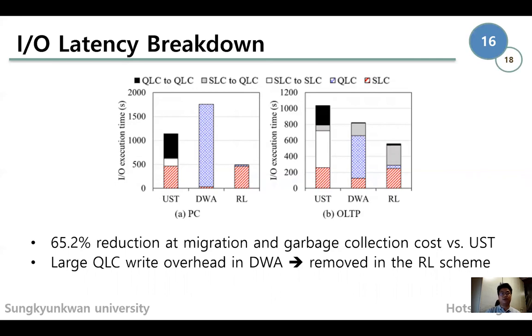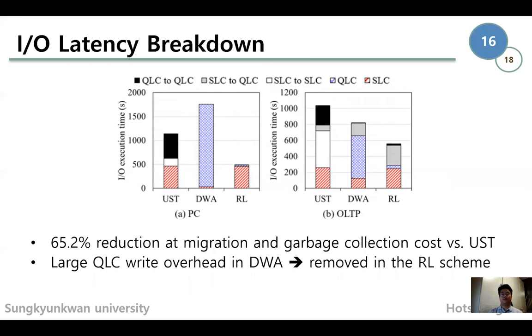The migration and garbage collection cost of the proposed technique are 65.2% lower than that of USD. Compared to DWA, the cache write overhead is reduced by the RL scheme. From the result, we can know that the proposed technique can find optimal SSD cache parameters on the various workloads.